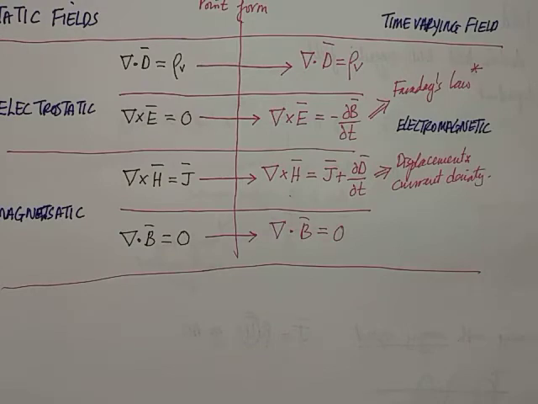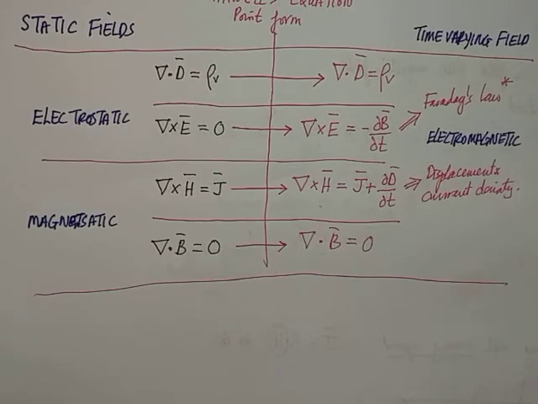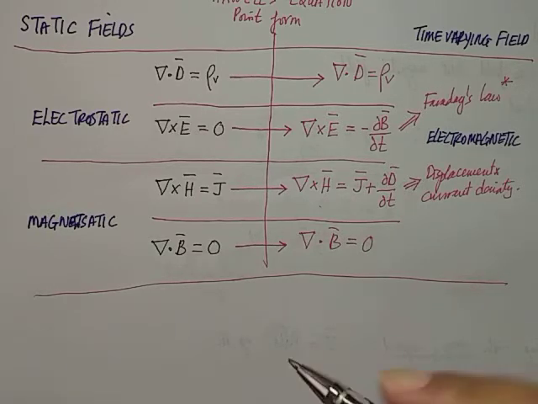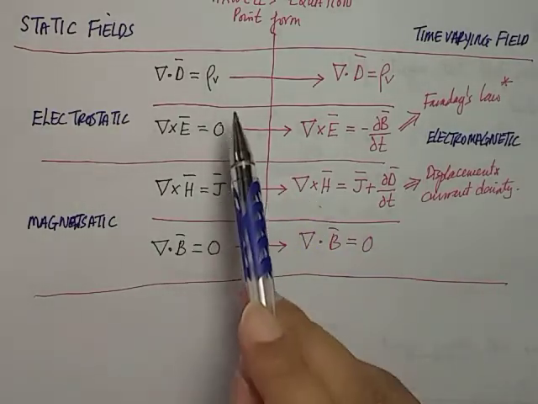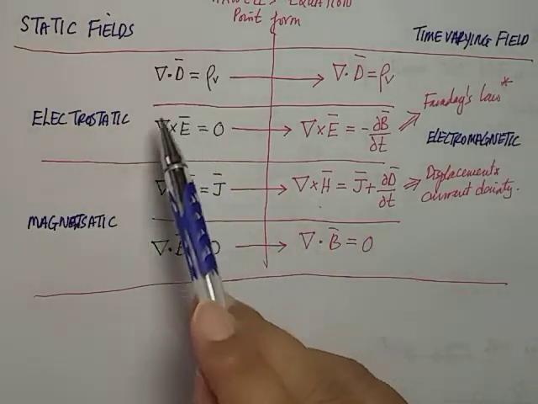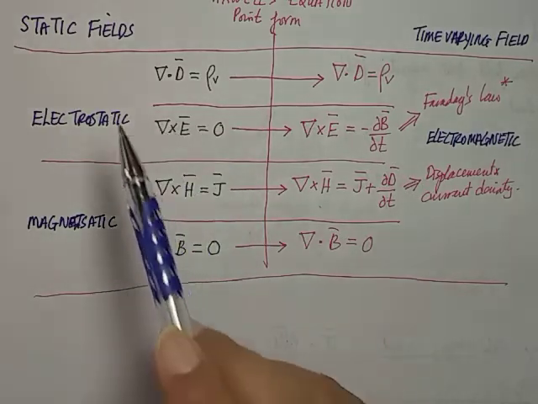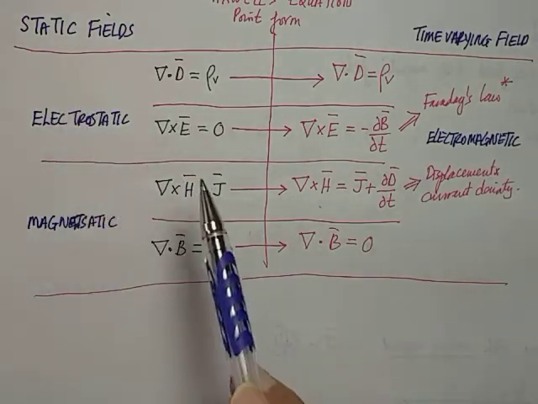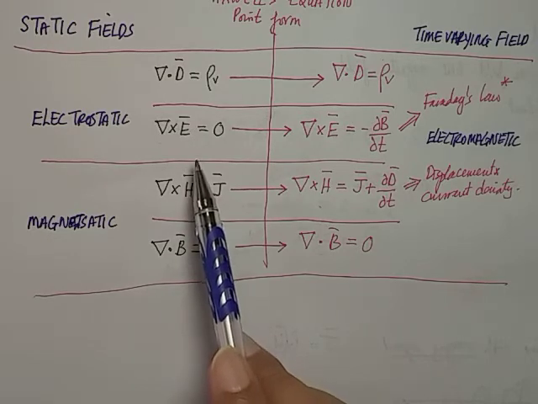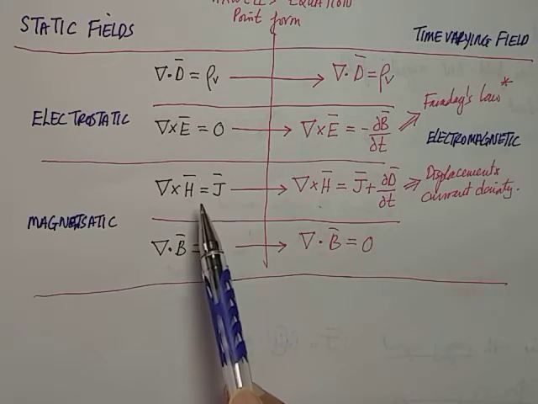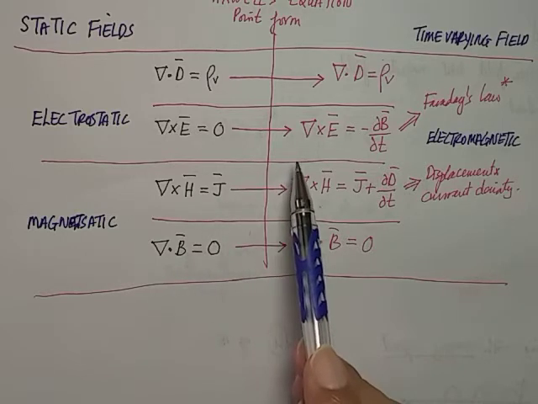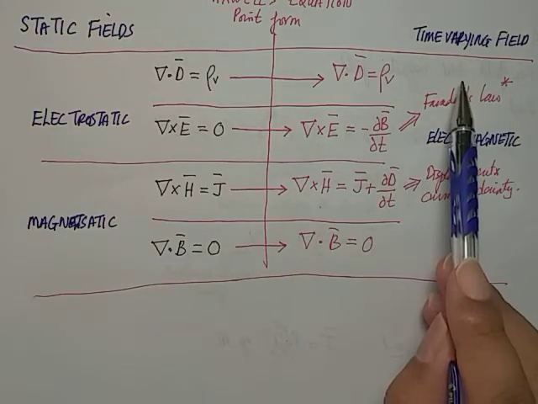Based on that issue, we have discussed the transformation using this simple table. We have stated before there are 4 Maxwell equations, and from the 4 Maxwell equations that we discussed in the world of static field, 2 Maxwell equations need to be altered in the world of electromagnetic field.